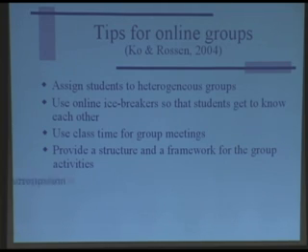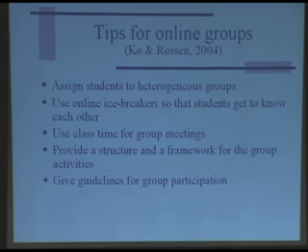I give them guidelines for group participation, the rubrics for collaborative work that you probably have a copy of, which I post early in the semester. It gives them an idea of what they should be doing in order to participate fully, and also what their group members should be doing on a regular basis. And then at the end of the semester, they are asked to evaluate each other using that rubric.